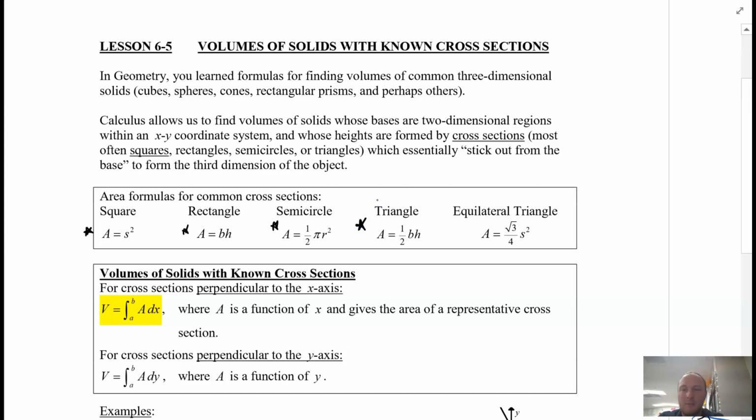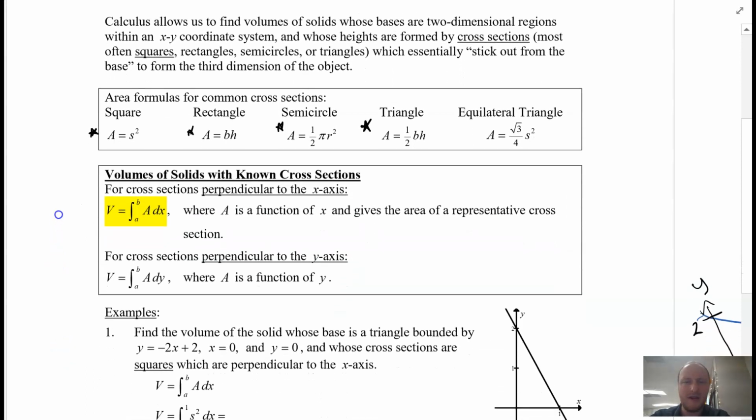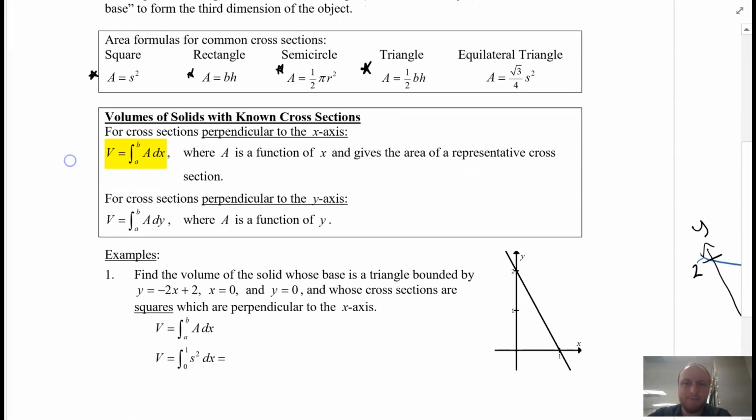An equilateral triangle, if something that crazy was on the exam, they may give it to you. Fingers crossed. If not, you just have to work with what you've got. But I don't expect something like that. Again, I would take the time to memorize these. Utilize your flashcards.